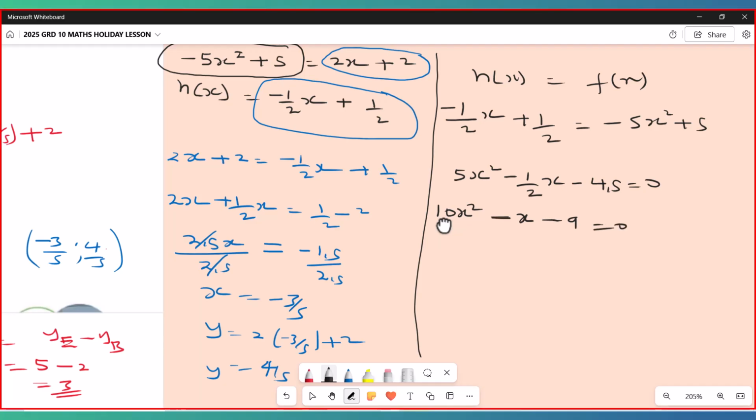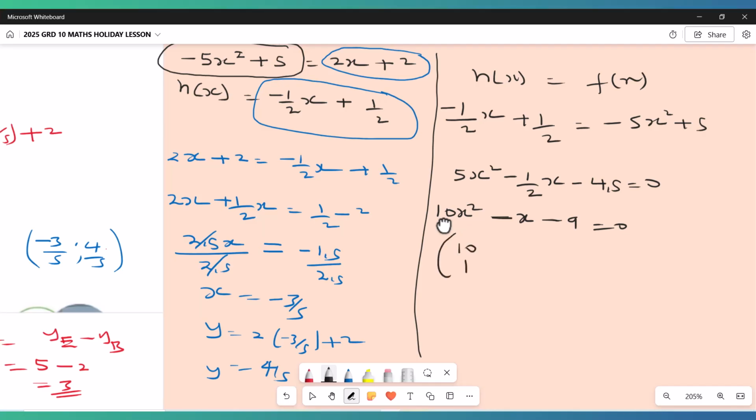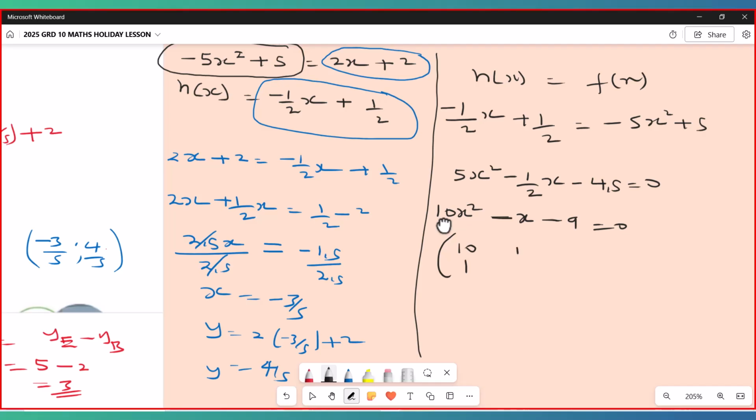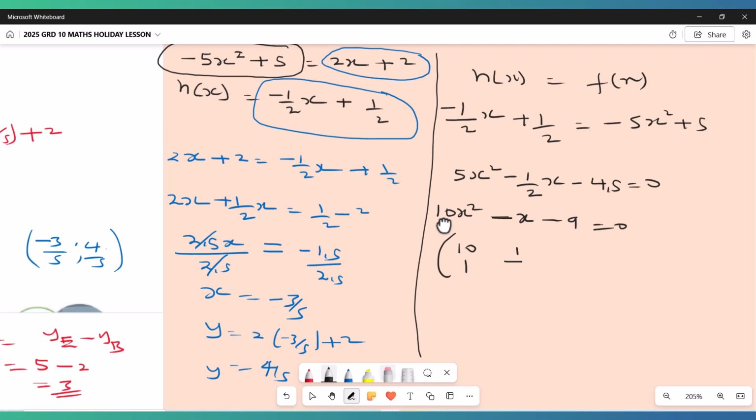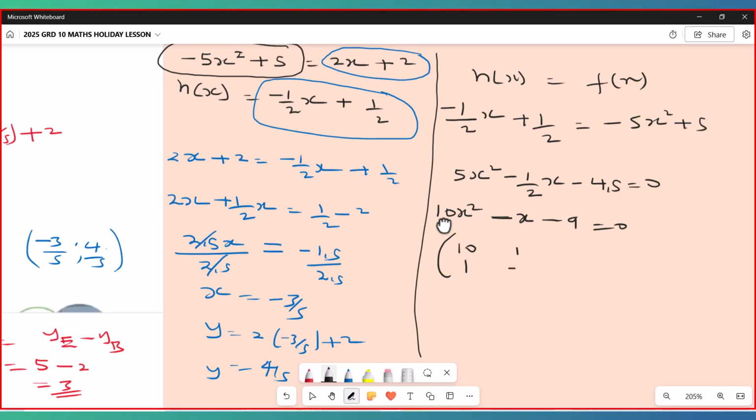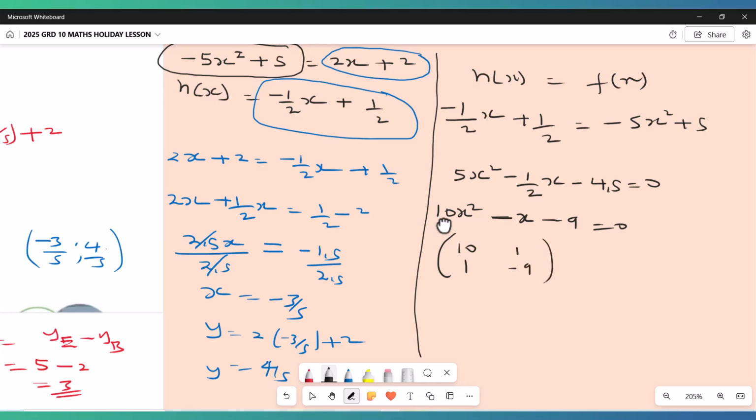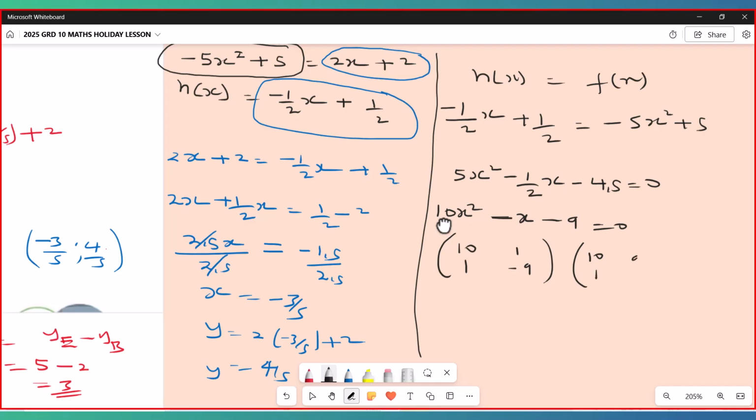So I have to solve this now. I can employ the cross method again. I can say 10 times 1, and also 1 times 9, or negative 9 times 1. Now if I cross here, I don't get negative 1. Let me change it now. I can say 10 is to 1, then I can say here 9 is to negative 1.